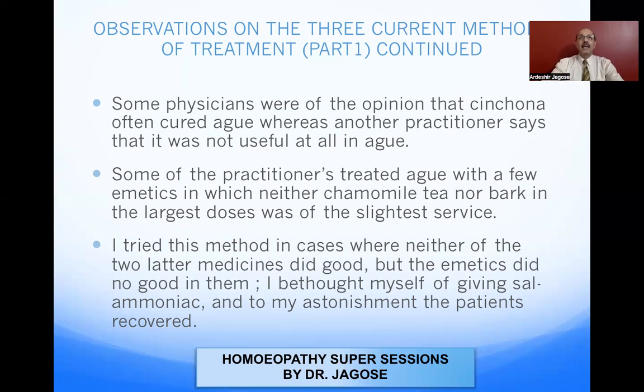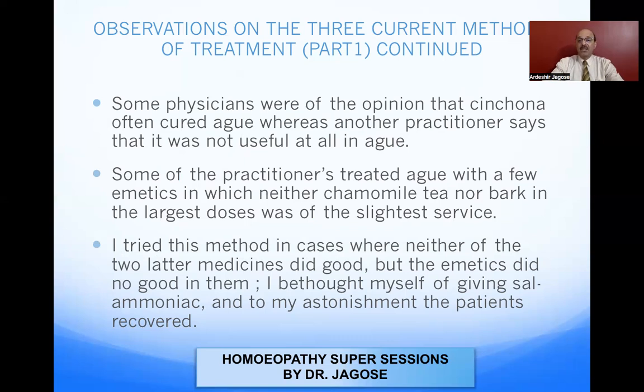Some physicians say that to treat malaria, cinchona was useful. Other physicians attacked, saying that cinchona was not at all useful in treating malaria. Some of the practitioners argue with a few emetics in which neither chamomile tea nor the bark in the largest doses was of the greatest service.